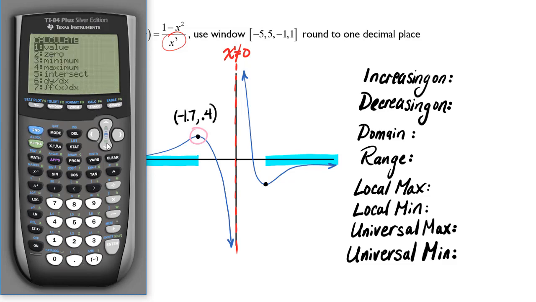Second, calc, minimum. Now we're going to have to hop this vertical asymptote, so we're going to have to keep arrowing to the right until we see the cursor appear. There it is. Click left bound, arrow to the right of the minimum, gives us our right bound, guess our minimum, enter a third time.